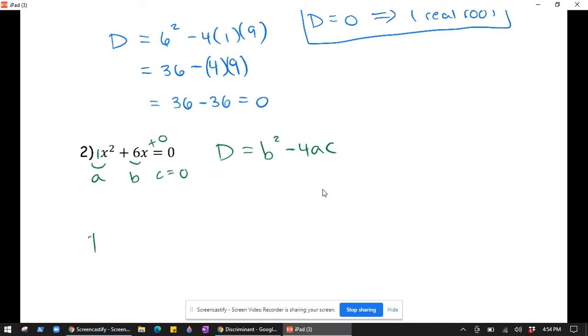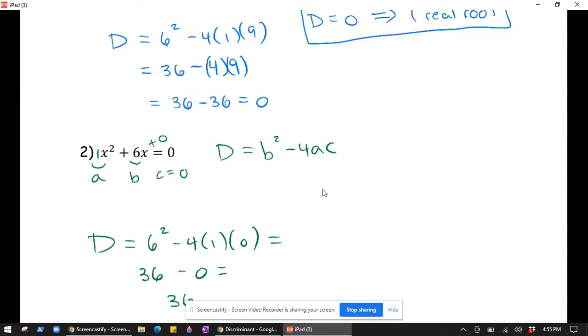And so now we compute the discriminant. D equals, our b is 6, 6 squared minus 4 times 1 times our 0. This is going to equal 36. 4 times 1 times 0, well, 0 times anything is 0, so this is just 36 minus 0, which equals 36.